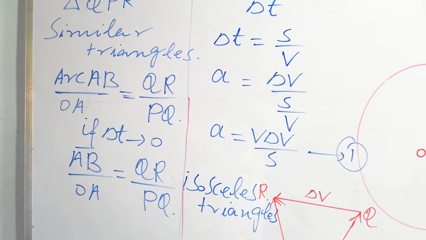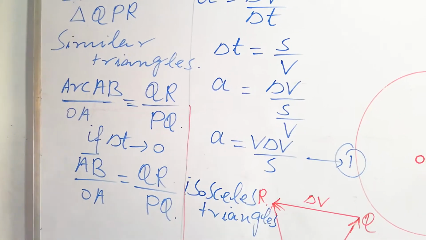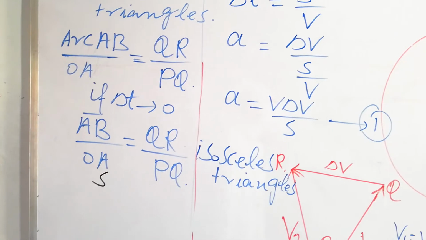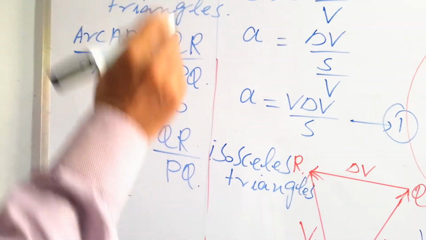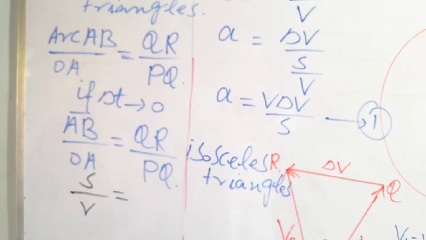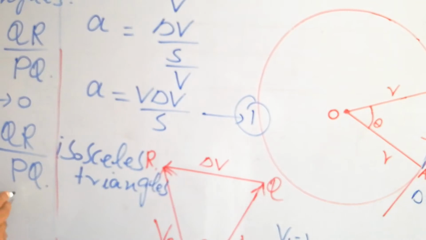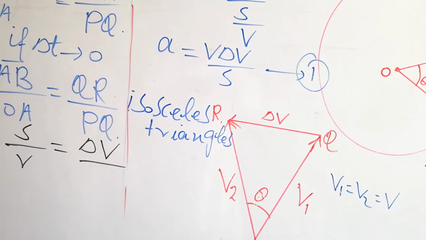By just inserting the values, students, AB is equal to S. Now it's a distance. S divided by OA. OA is the radius. What is QR? That is equal to delta V. What is PQ? Look at this.